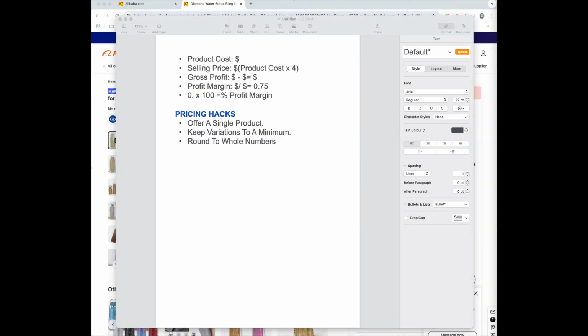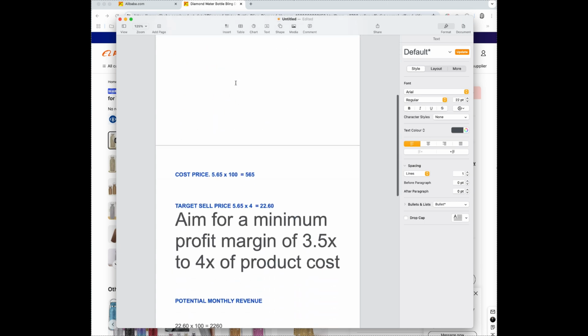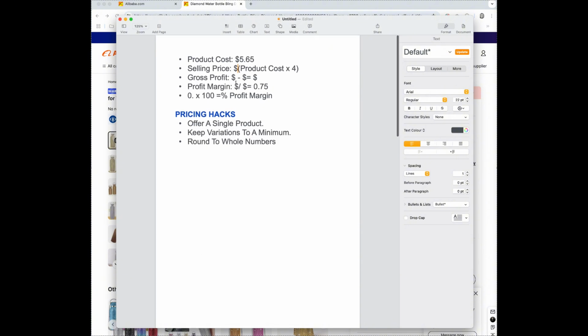Now let's talk about calculating product price and profit margin. So we have established the product cost for us is $5.65. Our selling price is, as we have discussed, $22.60, because we have multiplied our product cost by 4x.